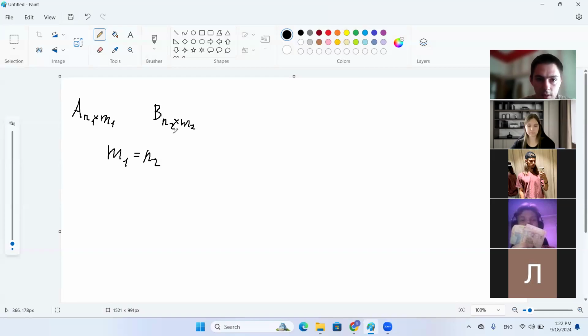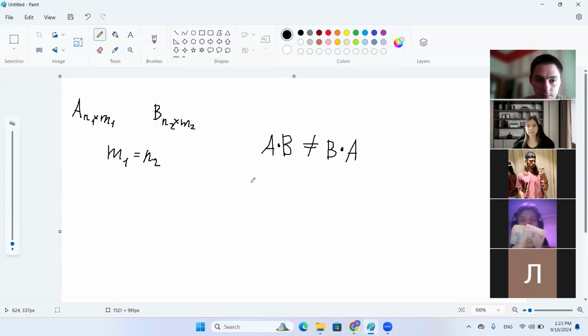So what does it mean in general? If we can multiply matrix A by B, with A on the left and B on the right, it doesn't mean that we can commute them, swap their places, and we can't even be sure that it's possible, because if n1 does not equal m2, we can't do it.